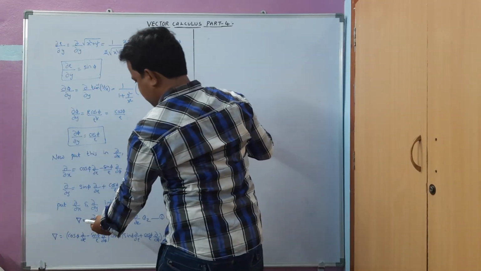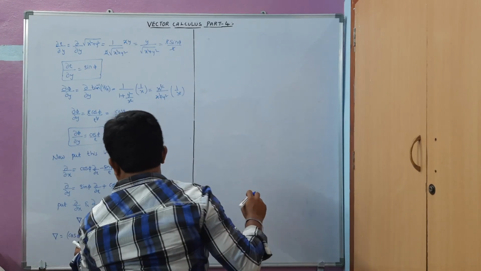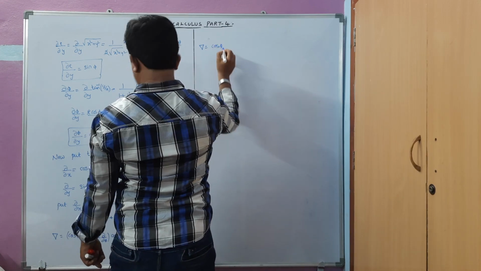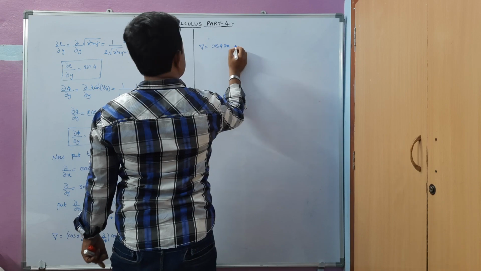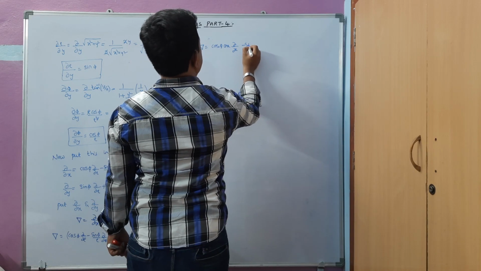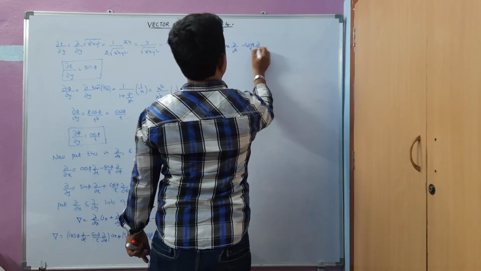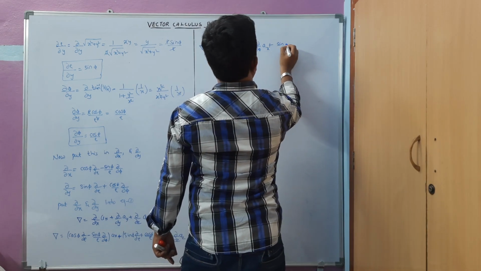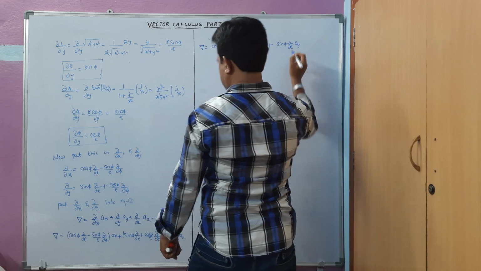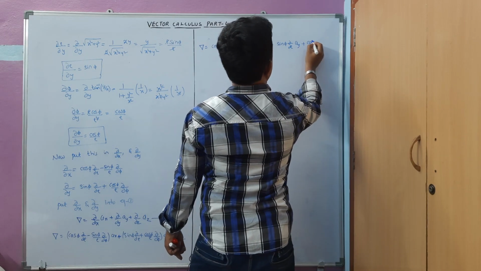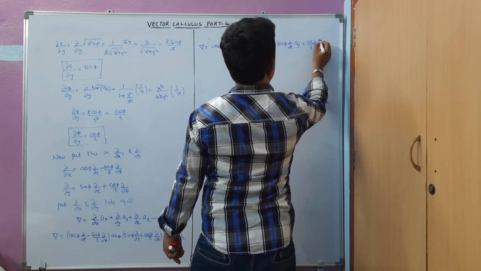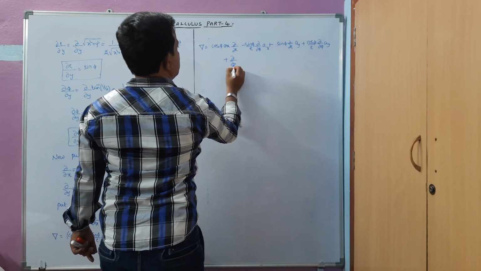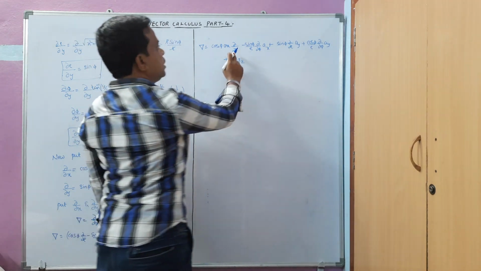So what I get here after simplification: cos φ ax ∂/∂ρ minus sin φ by ρ ∂/∂φ of ax, plus sin φ ∂/∂ρ of ay plus cos φ by ρ ∂/∂φ of ay, plus ∂/∂z of az. Now I will take the ∂/∂ρ terms common.